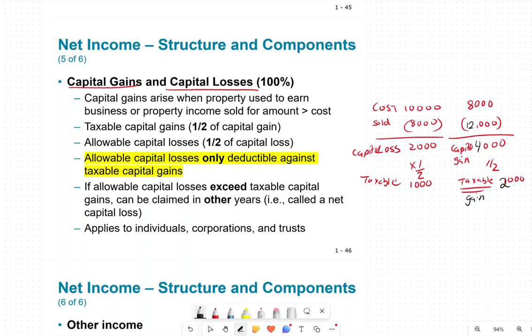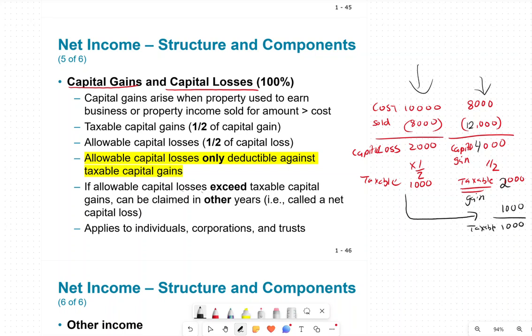So from one property you have a gain, from the other property you have a loss. So you are allowed to deduct the loss of $1,000, and then your taxable capital gain that you will pay taxes on is $1,000.